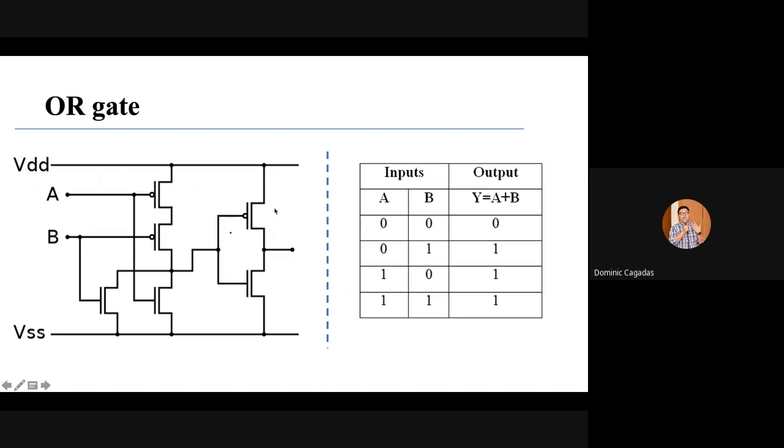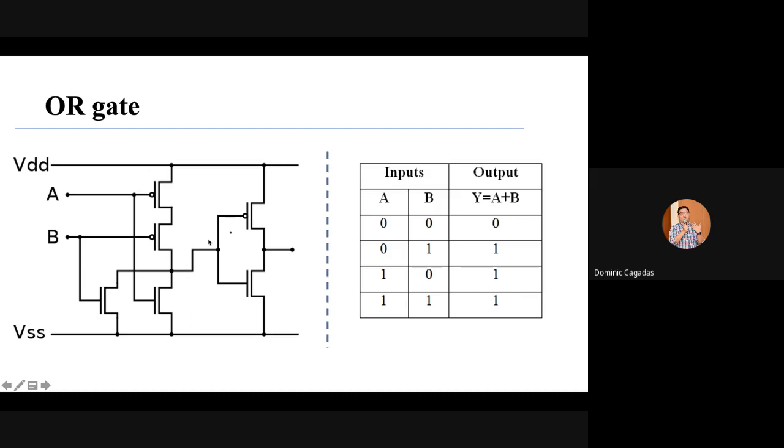If your inputs A and B are low, therefore your PMOS here is on, your PMOS here is on, your NMOS here is off, your NMOS here is off. Since both PMOS are turned on and connected to your VDD supply, the output here is high, 1.